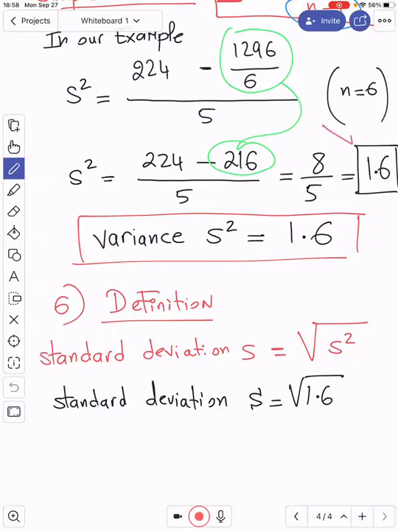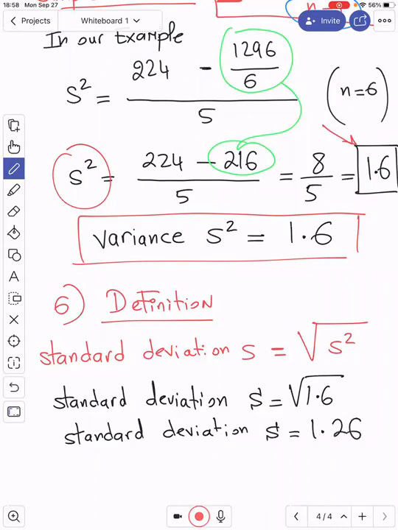That's my S squared. So my standard deviation would be the square root of 1.6, which is equal to 1.26. So the final answer: our standard deviation S is equal to 1.26. We'll see in a couple of minutes that this number is going to measure the variability of your data set.